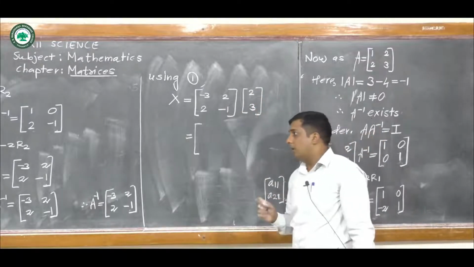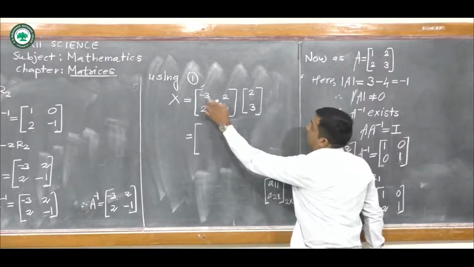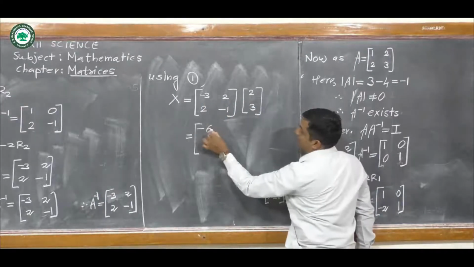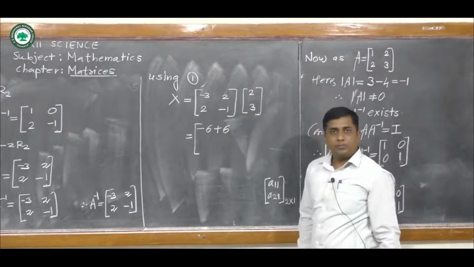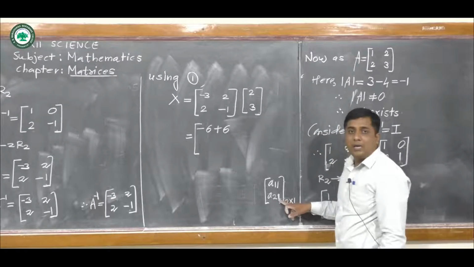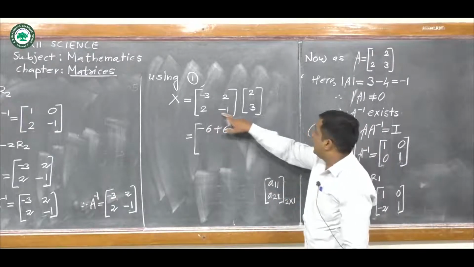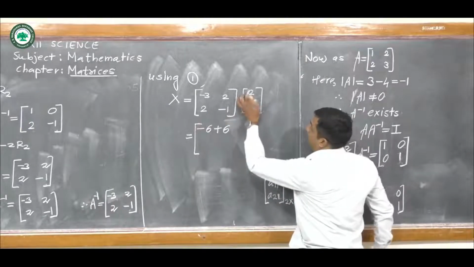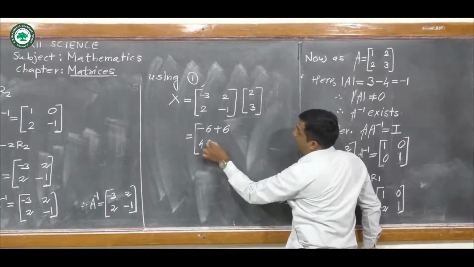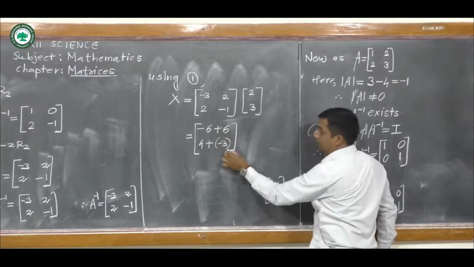So we multiply our corresponding elements. Here minus 3 into 2 is minus 6 plus 2 into 3 is 6. Now for A21 we consider second row, first column. Again 2 into 2 is 4 plus minus 1 into 3 is minus 3.